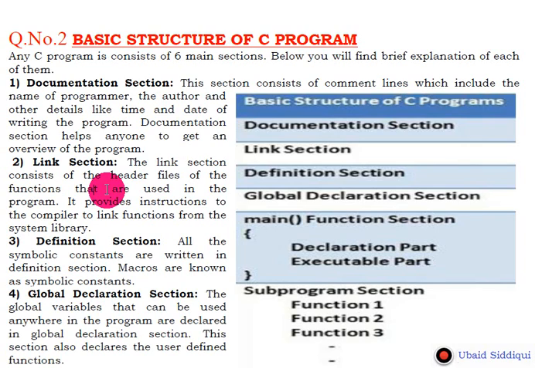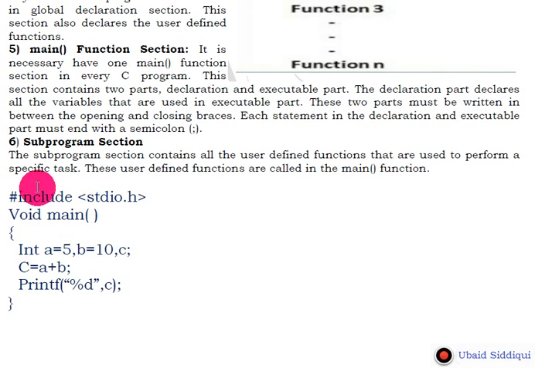So whenever you need these functions in your C program, you must include these two files with the help of the preprocessor directive, that is hash include stdio.h. Here I have written it in this program. This is known as the link section.